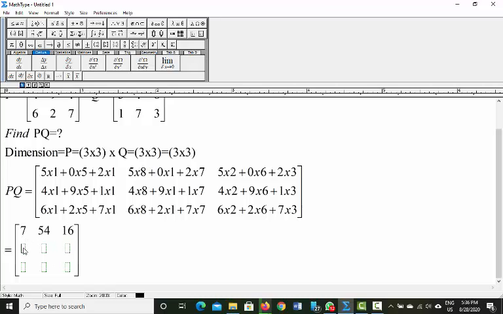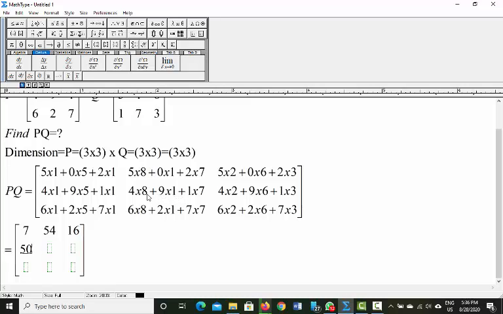Now here 4 multiplied by 1 is 4, 5 multiplied by 9 is 45. So 45 plus 4 is 49, plus 1 is equal to 50. 4 multiplied by 8 is 32 plus 9 multiplied by 1 is 9.